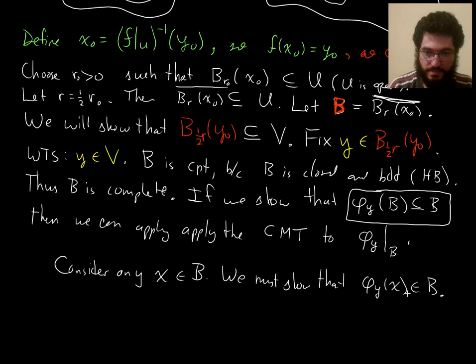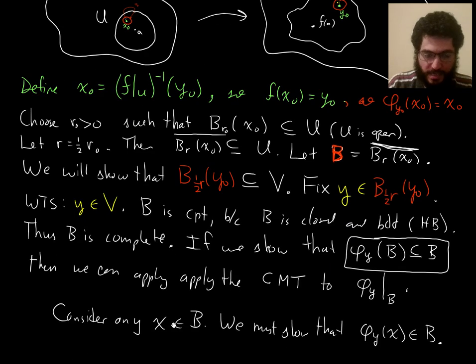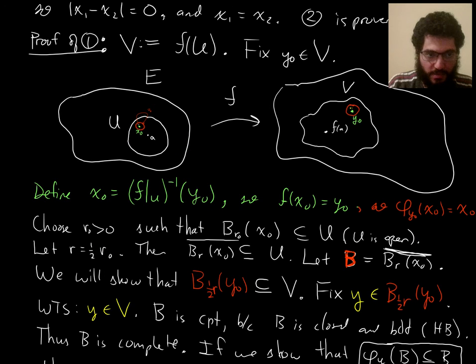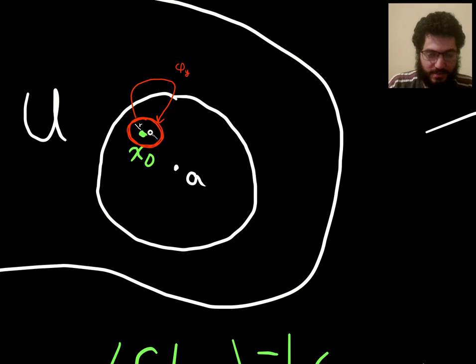So in the picture, you should think that this x that I'm considering is just anything in this red disk here. I'm trying to show that phi sub y of x is also in the red disk. So I'm trying to show that what I'm indicating by this arrow is really true, that phi sub y does map this set into itself.